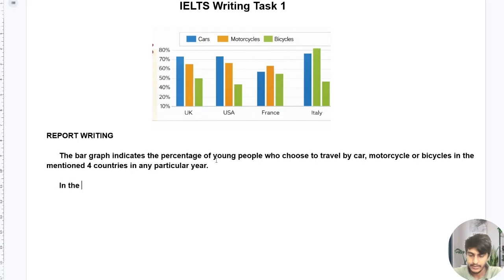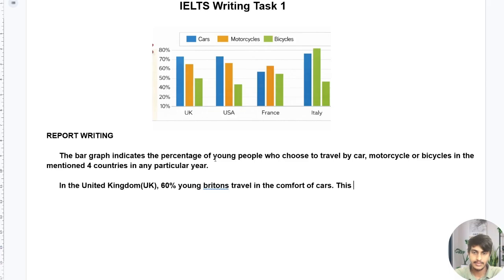First we write: in the United Kingdom, you have to write UK in brackets. 60% of young Britons travel in the comfort of cars.